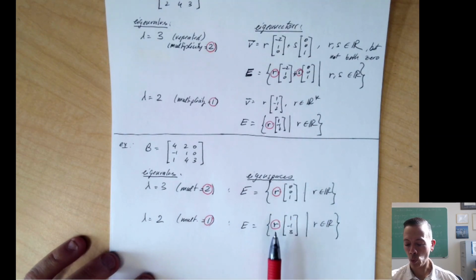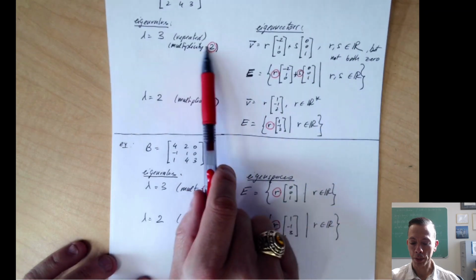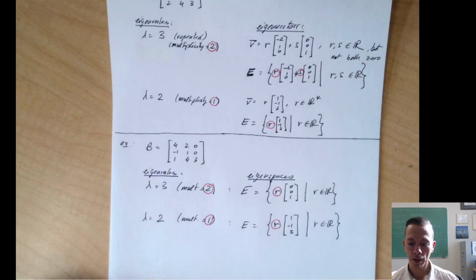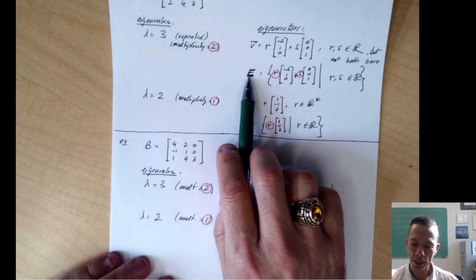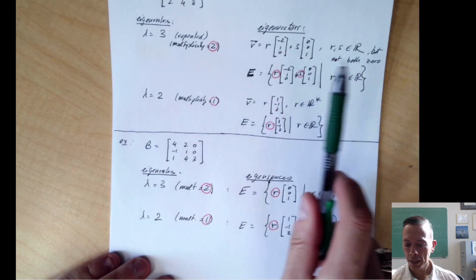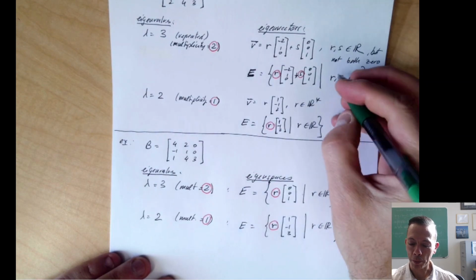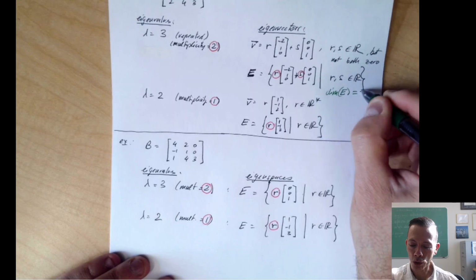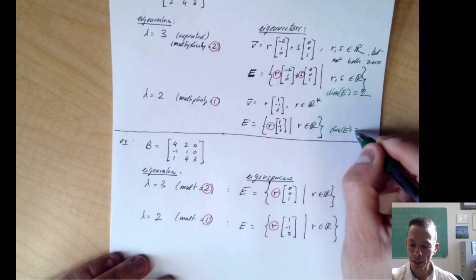You always have at least 1 degree of freedom when you're building eigenvectors, but as you saw above, sometimes you have 2. And that can happen when you have multiplicity 2, but not always, as you see in this example B. Another way to look at the mismatch is you see this E is an eigenspace, and these two vectors are linearly independent and they span E, so they form a basis. So the dimension of E is equal to 2, whereas in this case the dimension of E is equal to 1.